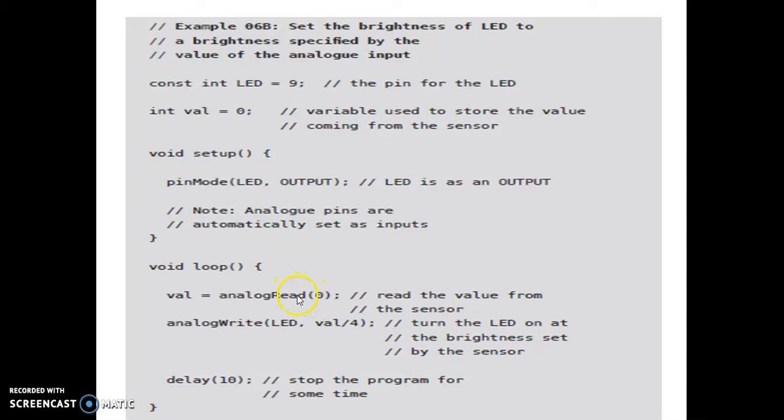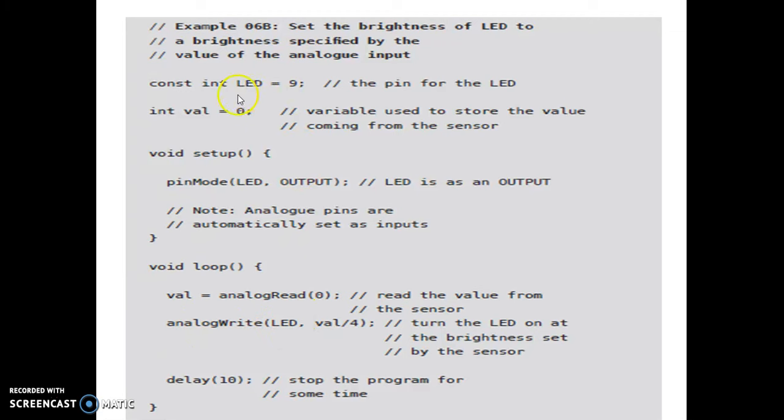Whatever analog value comes from the junction of the resistor and the LDR will be assigned to val, and we are writing that val value onto the LED using analogWrite. So analogRead 0 reads the value from the sensor into val, which is an integer declared here, and that value is written with analogWrite because you are writing an analog value onto the LED.